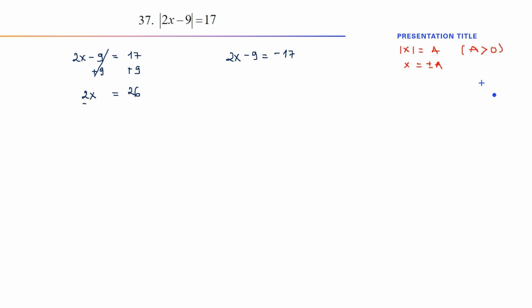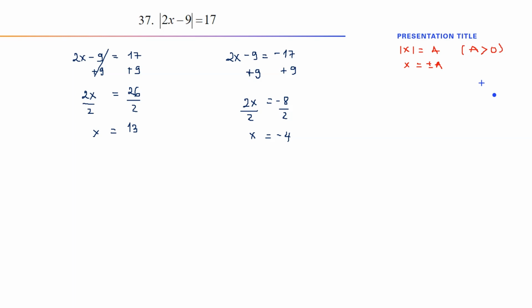Then we divide both sides by 2, x equal 13. For the one on the right, we add 9 to both sides as well to isolate 2x, equal negative 8. We divide both sides by 2, x equal negative 4.